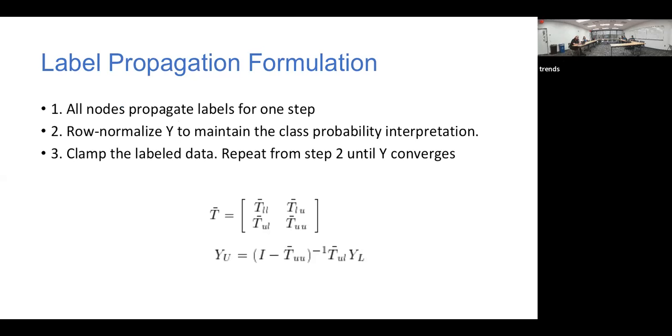T bar is a matrix of other T bars, and what are the other T bars? Is this like the starting? Maybe U and L are nodes in the graph. I don't know. What is T?